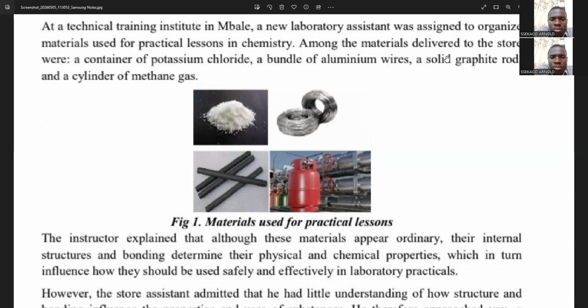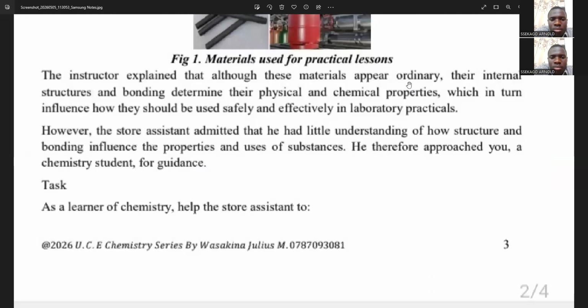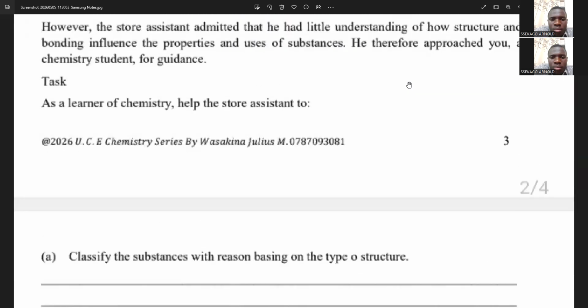So the instructor explained that although these materials appear ordinary, their internal structures and bonding determine their physical and chemical properties, which in turn influence how they should be used safely and effectively in laboratory practicals. So potassium chloride, aluminum wires, solid graphite, and methane gas, they are 4.